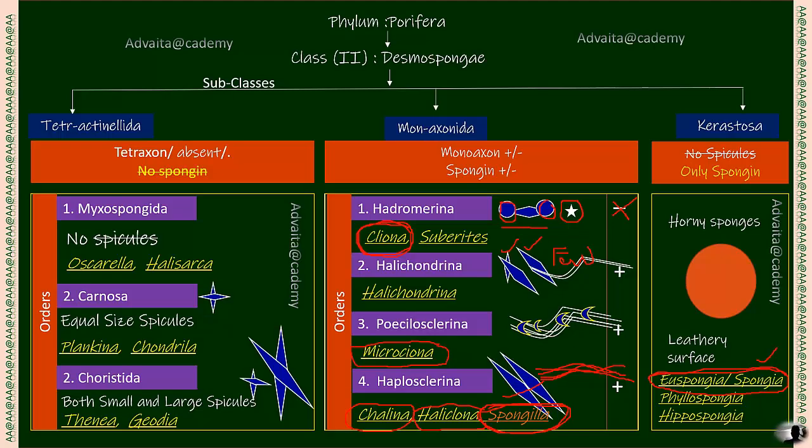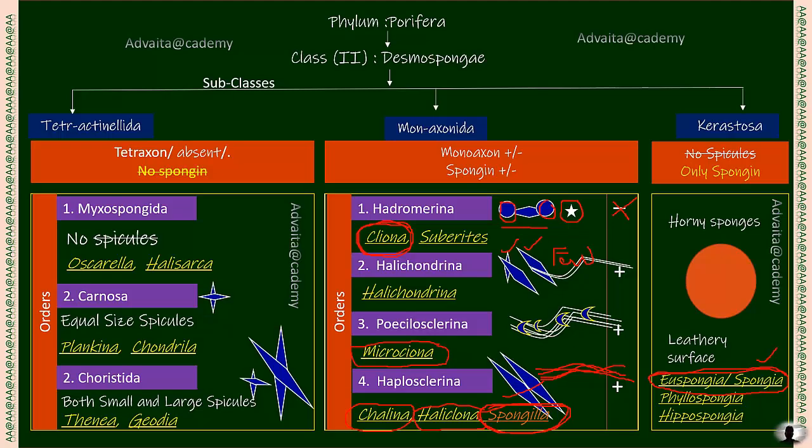Then we come to class, that is Demospongiae. Obviously there are siliceous spicules but not tri-radiate, with spongine fiber. Now come to subclass. Whether there are tetraxon spicules or monoaxon spicules. So we place them in subclass Monaxonida.